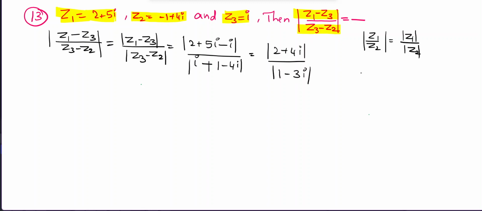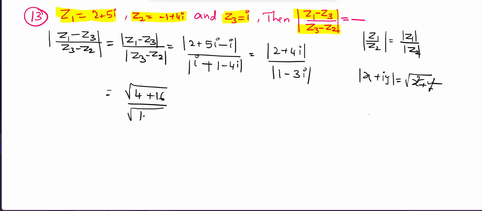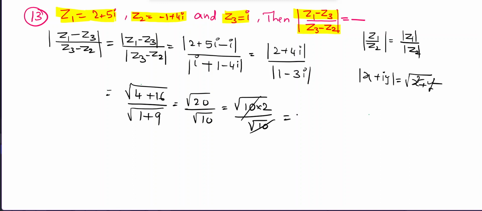So modulus of x plus iy is equal to, this is the formula, root over x square plus y square. Applying this formula, this is under root of 2 square 4, 4 square 16, by under root of 1 square 1, minus 3 whole square is 9. This is root 20 by root 10. That is equal to root 20 is 10 into 2 by root 10. Here root 10 cancelled. That is equal to root 2. This is the required answer.